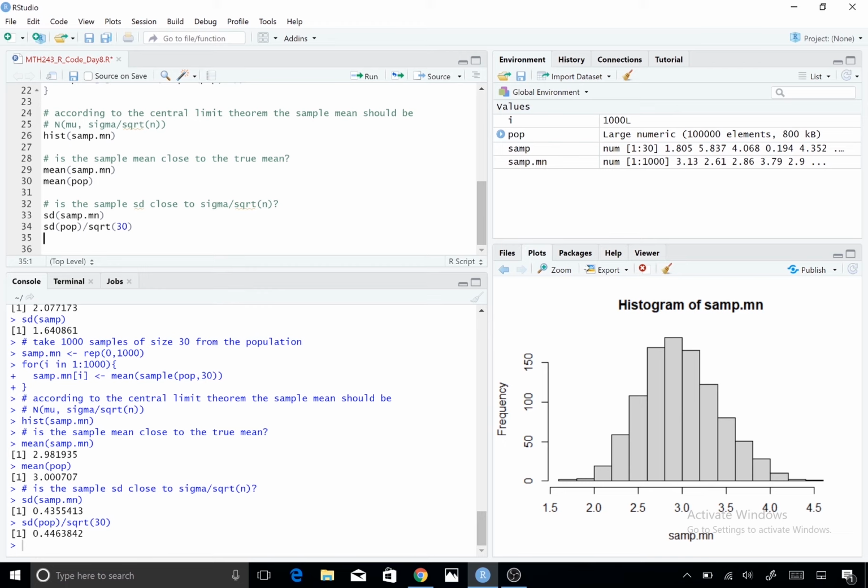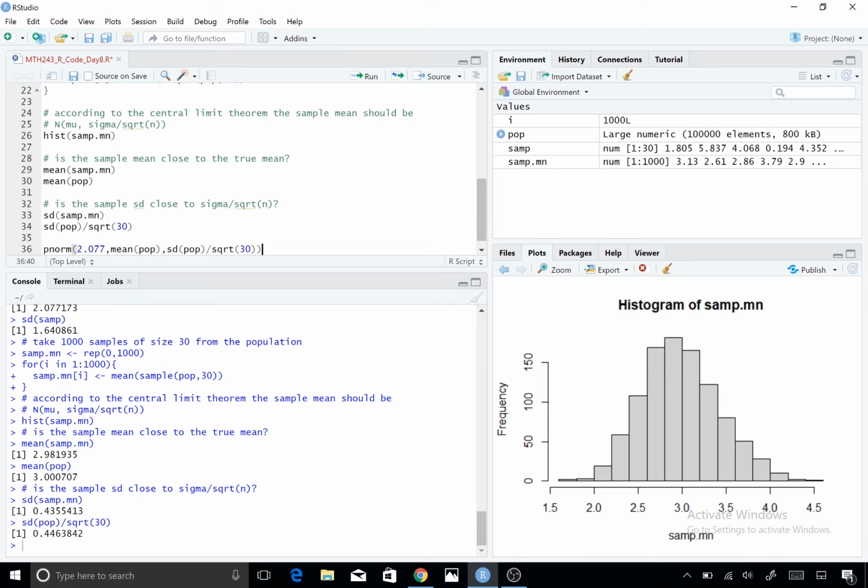Since this sample mean follows a normal distribution, we can answer that question using pnorm. pnorm of 2.077, and I want the mean to be the mean of pop, and I want the standard deviation to be the standard deviation of pop divided by the square root of the sample size, which is 30.